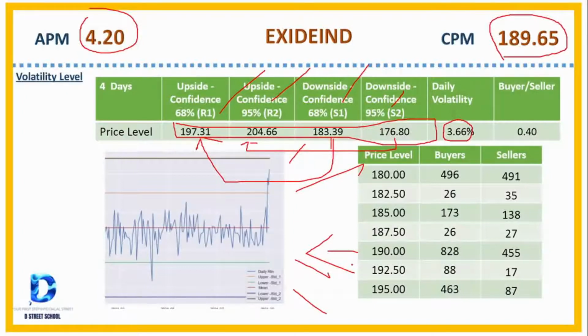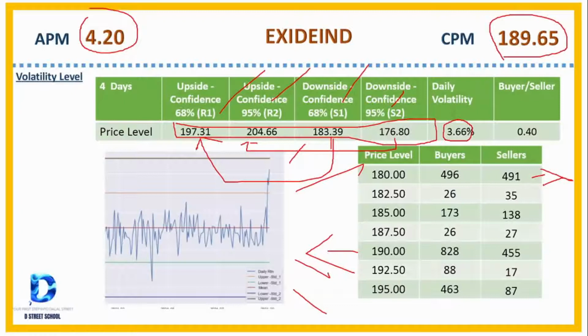At the 180 level there is a strong support, where we can see more put option sellers. This is how we can understand the data in a statistical way.